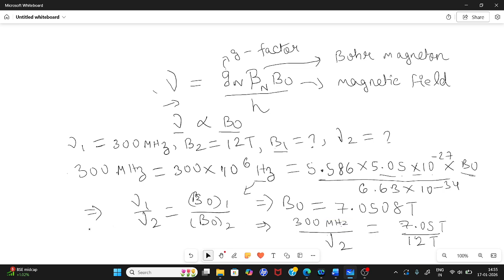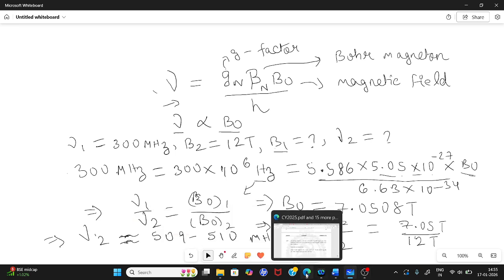So you just put the values and you get the answer. Basically mu2 will be approximately in the range of 509 to 510 megahertz. Okay, so 509 to 510 megahertz.